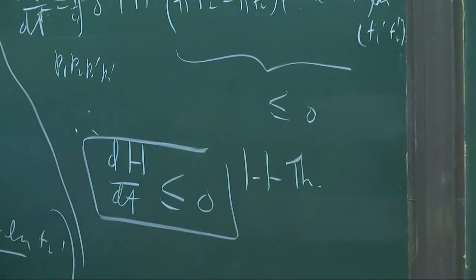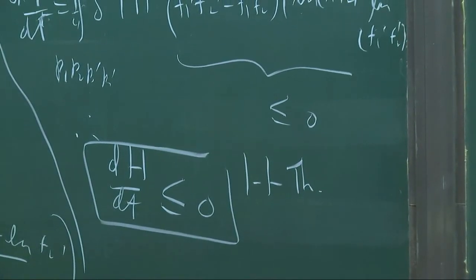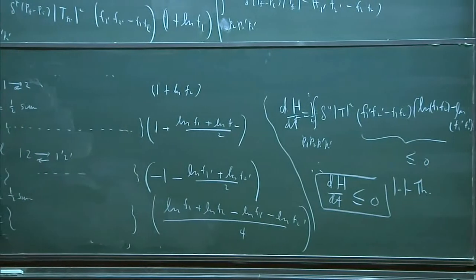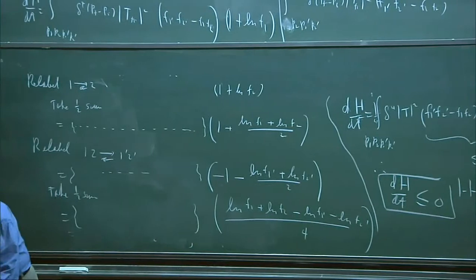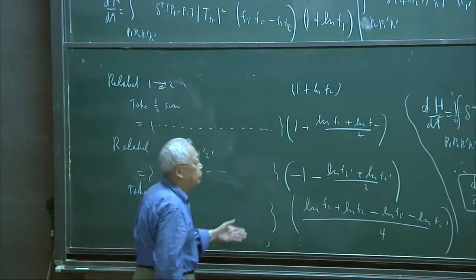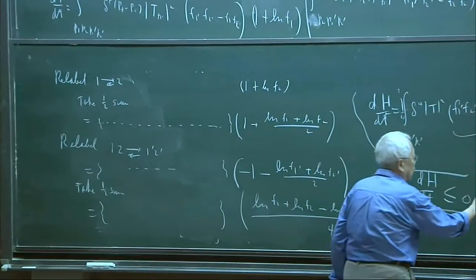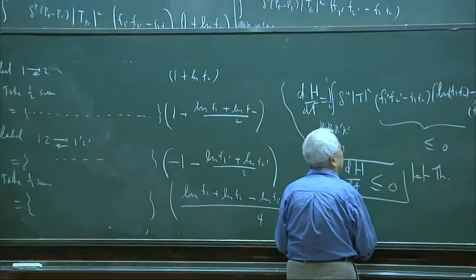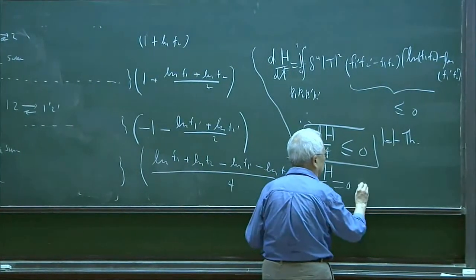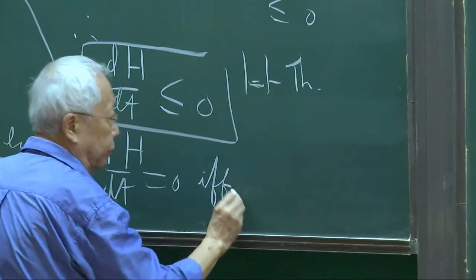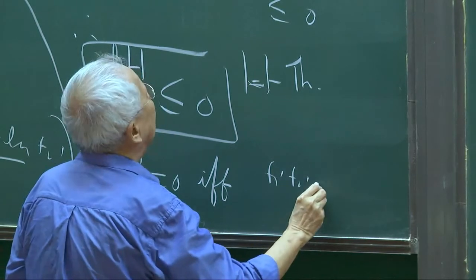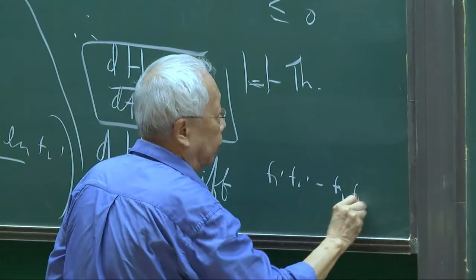We will later come back to this and discuss that this is the statement of the second law of thermodynamics, because H is the negative of the entropy. We will come to that. But last time we used this in the sense that it also shows that dH/dt is equal to 0 if and only if F1 prime, F2 prime minus F1, F2 is equal to 0.